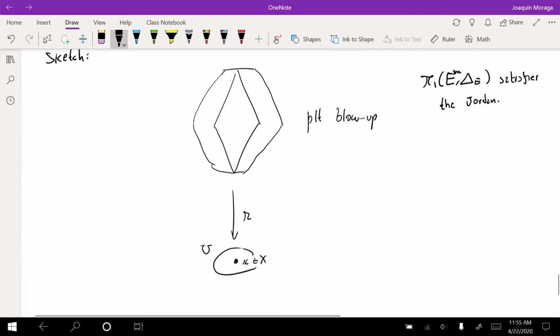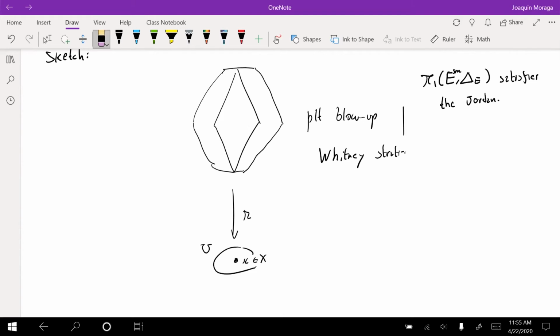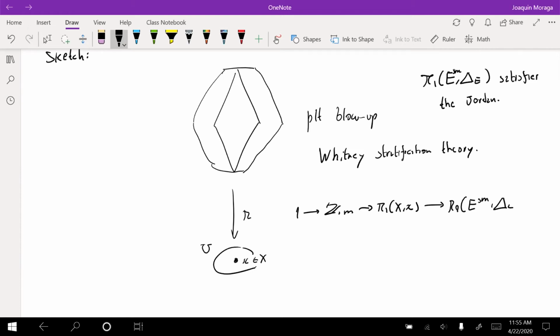And something that we know from linear stratification theory is that there is an exact sequence between some cyclic group, the local fundamental group of the singularity, and the pi1 of the log smooth loci of the Fano variety that we extracted. But the point is that we know that this satisfies the Jordan property.